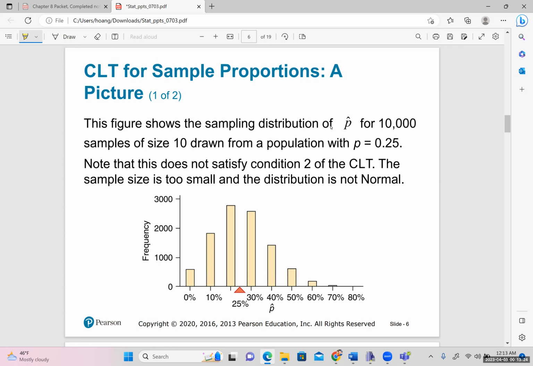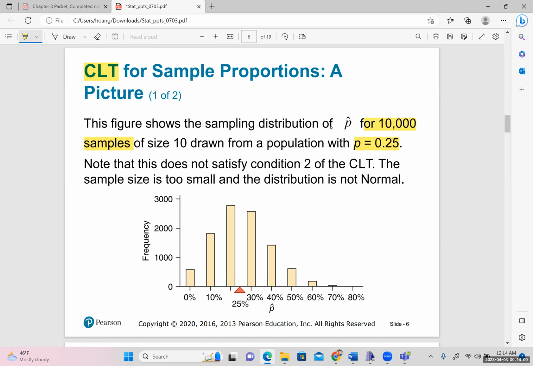Okay, so now we're going to talk about the central limit theorem, which we now label as CLT, for sample proportions as a picture. The picture shows the sampling distribution of sample proportions for 10,000 samples of size 10 drawn from a population with p equal to 0.25.